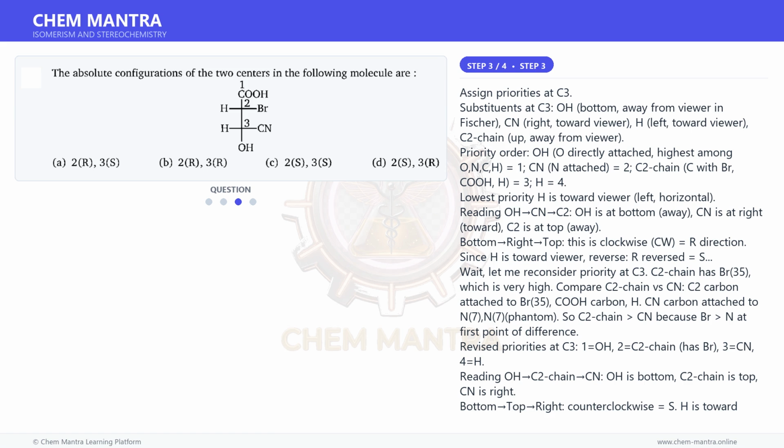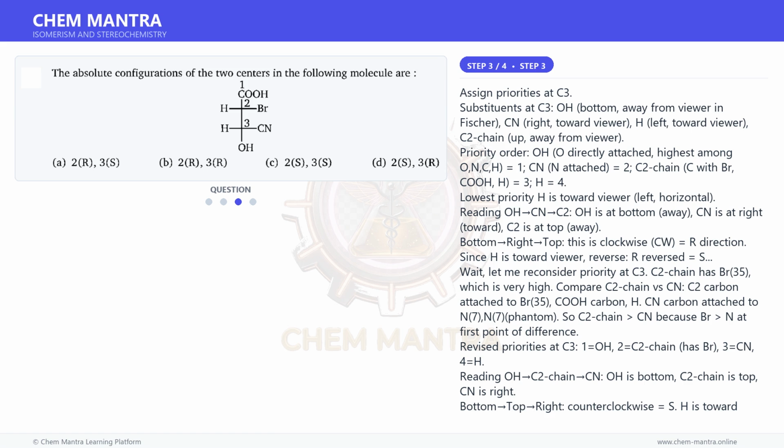Wait, let me reconsider priority at C3. C2 chain has Br, 35, which is very high. Compare C2 chain versus Cn: C2 carbon is attached to Br, 35, Q carbon, H; Cn carbon is attached to N, 7, N, 7, phantom. So the C2 chain outranks Cn because Br beats N at the first point of difference.